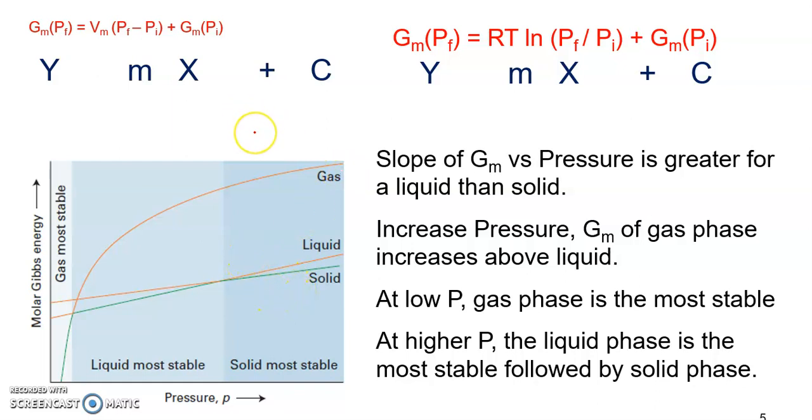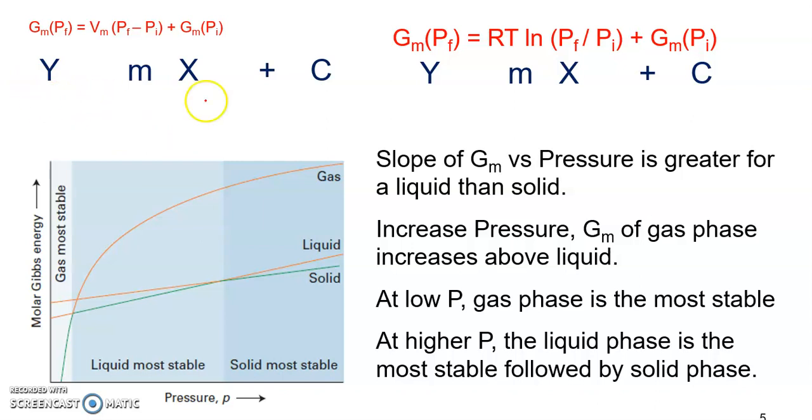So here is the graph if you want to prove it experimentally, or you want to extract information from it. When we rearrange the equation that we have before, it will look like this, and we can turn the equation into y equal to mx plus c.